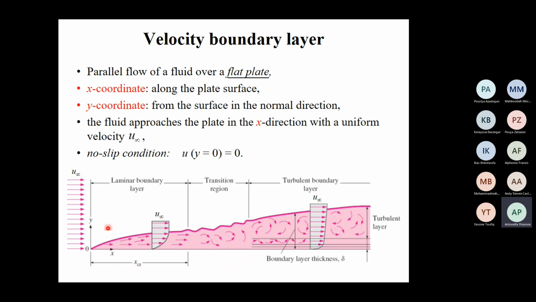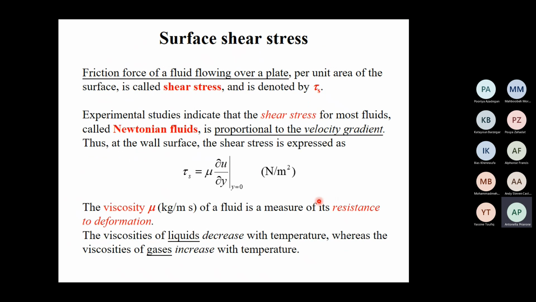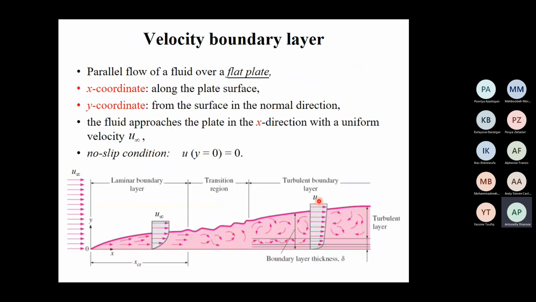In this particular sketch, I have the developing of a boundary layer in laminar flow, transition region, and turbulent boundary layer. Because later in slides, we will define which is the laminar flow, which is the turbulent flow, and which is the transition.